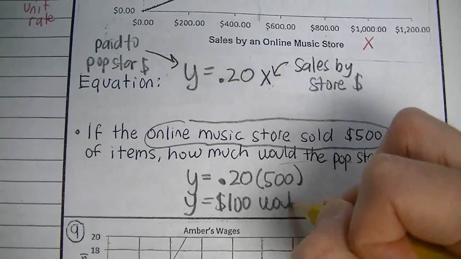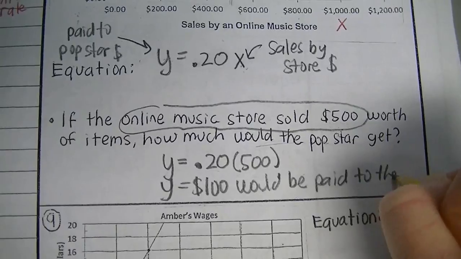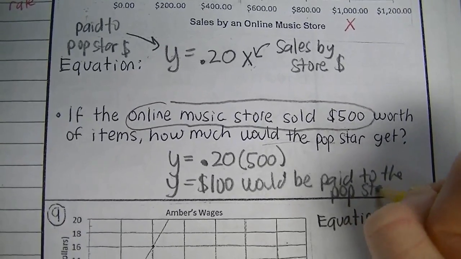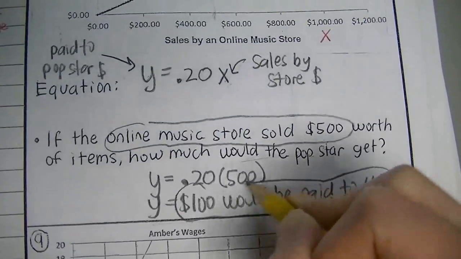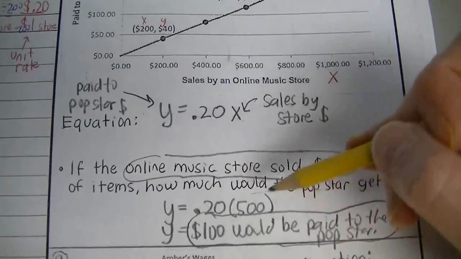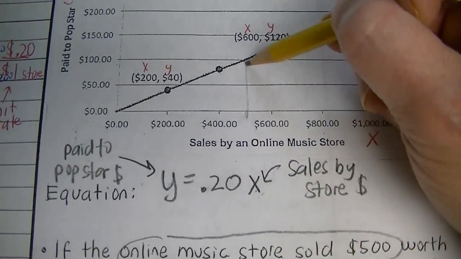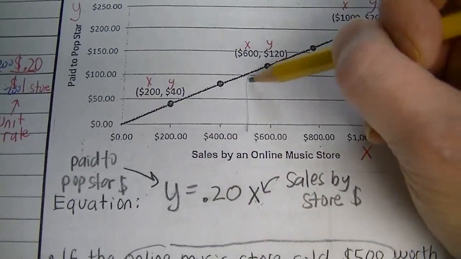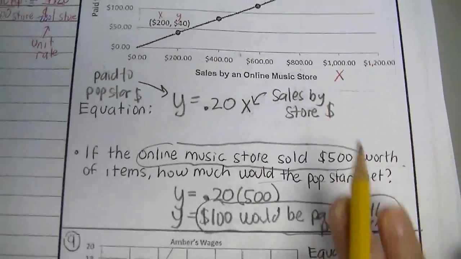Dollars would be paid to the pop star. So if you're ever in doubt with reading your graph, use your equation, okay? Like how I said, I wasn't sure if it was exactly 100, it was. But it's better safe than sorry, especially on assessments, okay?